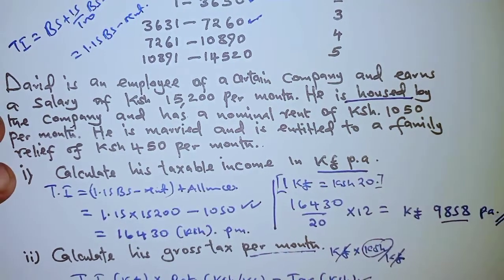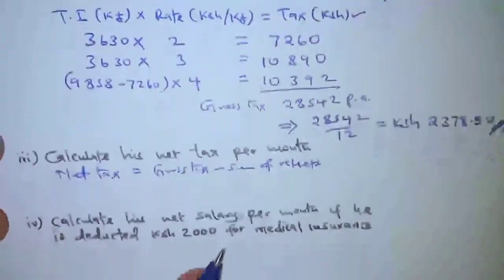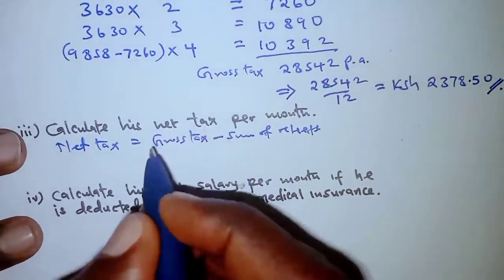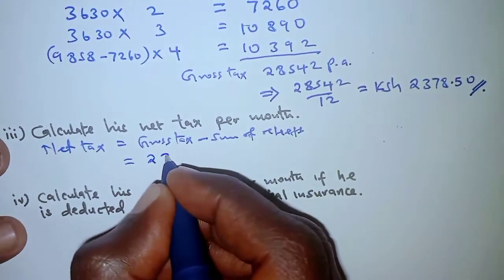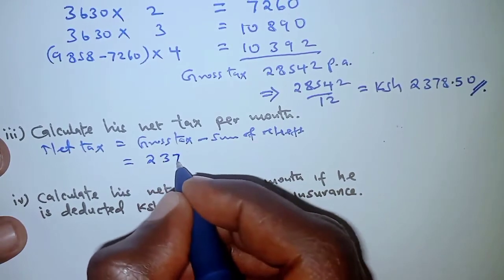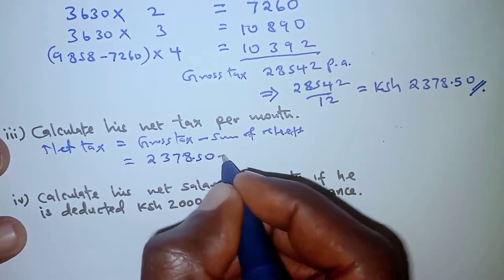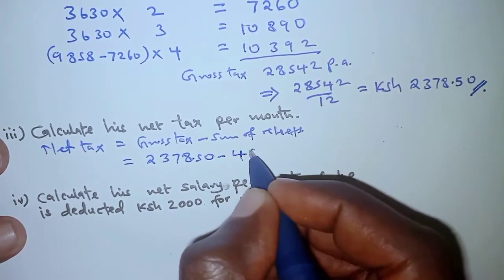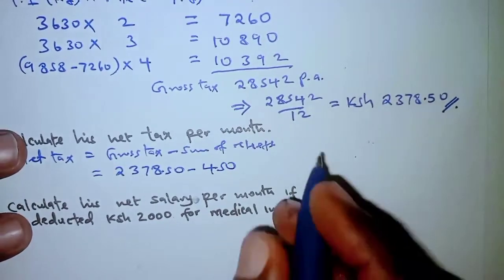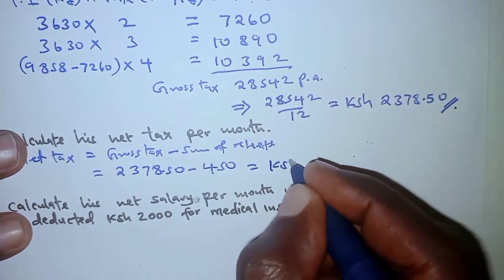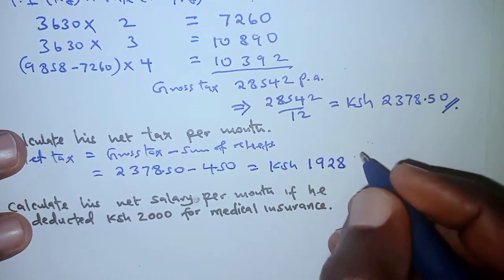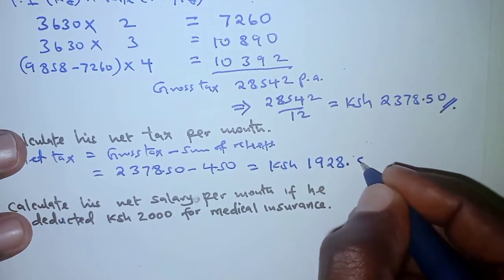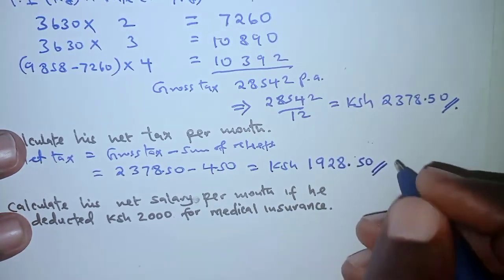So far, that is the only relief. So we have the gross tax, 2,378 shillings and 50 cents, minus the relief of 450 shillings. That should give us 1,928.50, that is 50 cents.